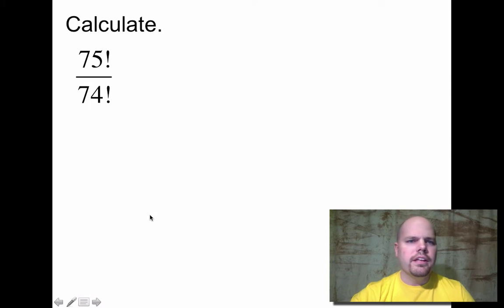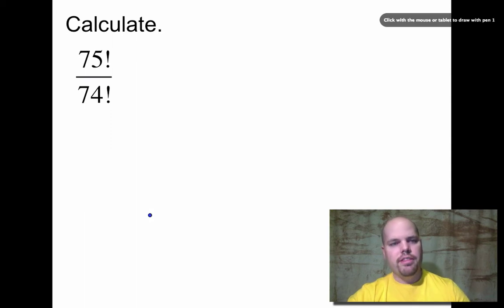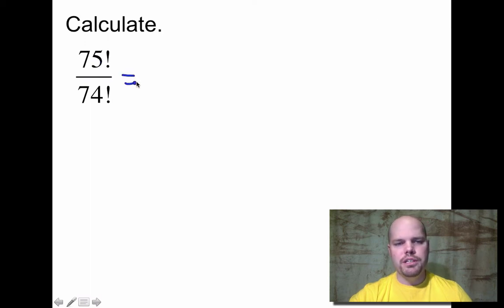All right, calculate 75 factorial divided by 74 factorial. Your calculator may or may not do this because these are huge numbers, but you wouldn't need it to do this.